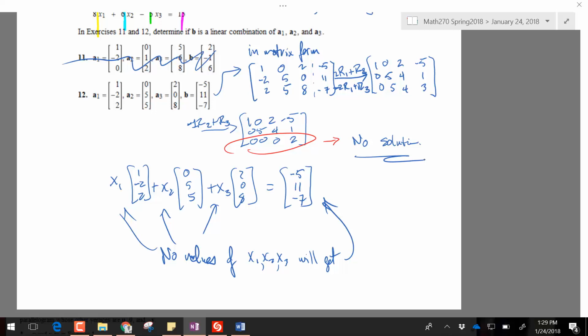These three vectors are actually on the same plane, and apparently this other vector, -5, 11, -7, is a point that's not on the plane. So these three vectors have no way to get out of the plane because they're all on the plane. You know what I mean? Whoa, I got a little excited there. Again, we'll see if we can do the picture. Chris.